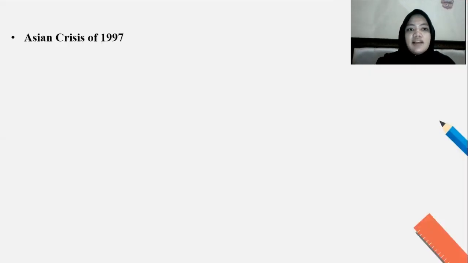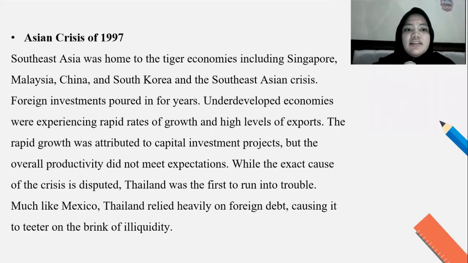The second one is the ASEAN crisis of 1997. Southeast Asia was home to tiger economies including Singapore, Malaysia, China, and South Korea. Foreign investment poured in for years. Underdeveloped economies experienced rapid rates of growth and high levels of export.